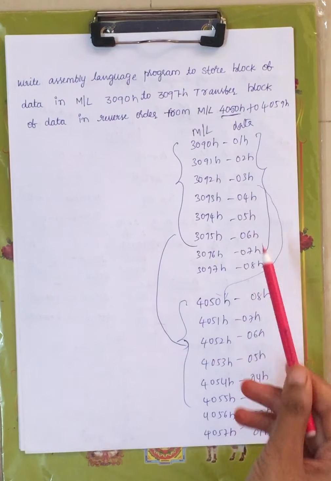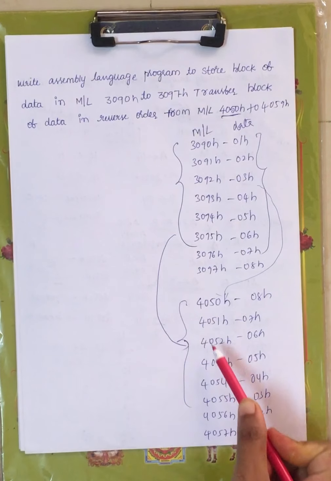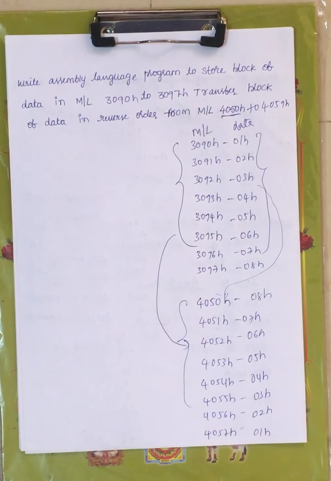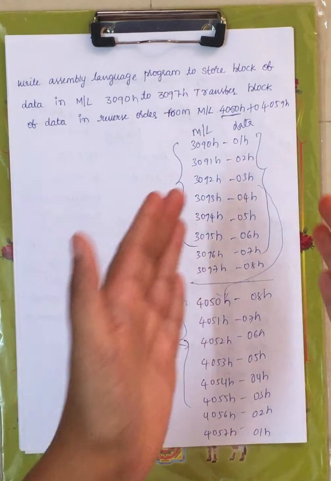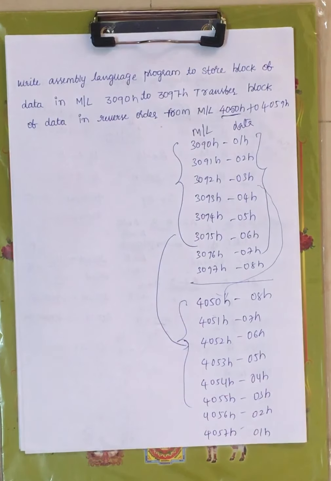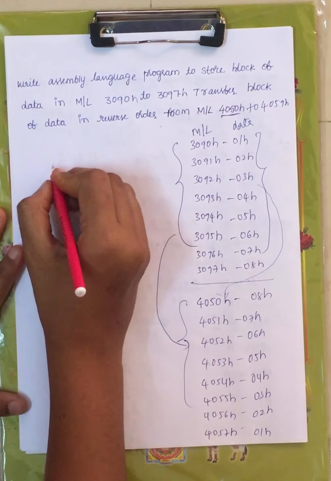Transfer this block of data in reverse order to memory location 4050H onwards, right? Now this is the data that is stored under this memory location. You have to transfer this data to this memory location in reverse order, right? Now let us write the set of instructions.